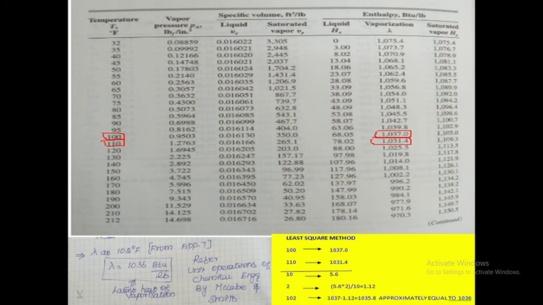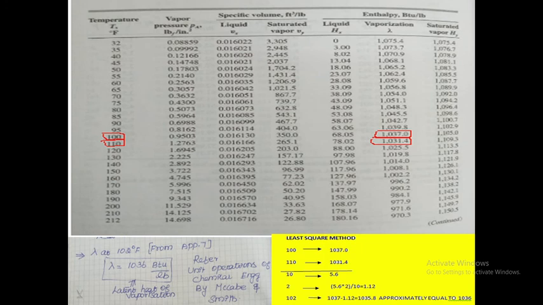What is the difference? 2 degrees Fahrenheit. So if 10 degrees Fahrenheit has a 5.6 lambda difference, how much lambda difference for 2 degrees Fahrenheit? So 5.6 times 2 divided by 10. Finally we get 1.12. But we want the lambda value at 102 degrees Fahrenheit.